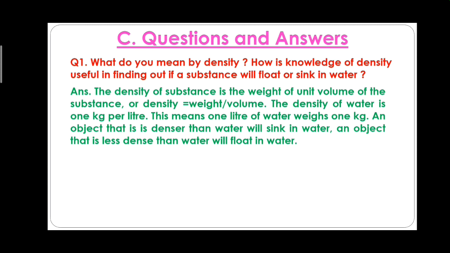The density of water is 1 kg per liter. This means 1 liter of water weighs 1 kg. An object that is denser than water will sink in water, and an object that is less dense than water will float in water.